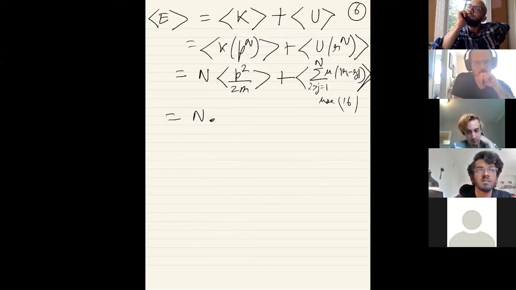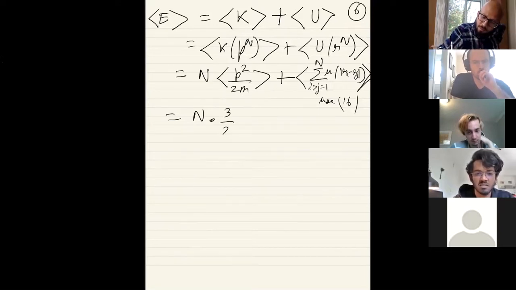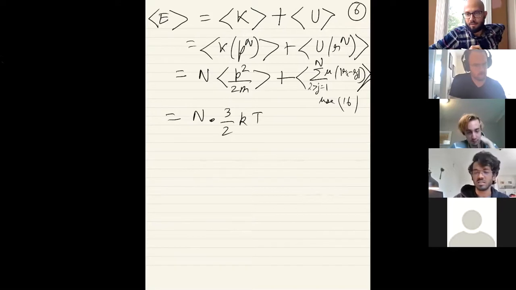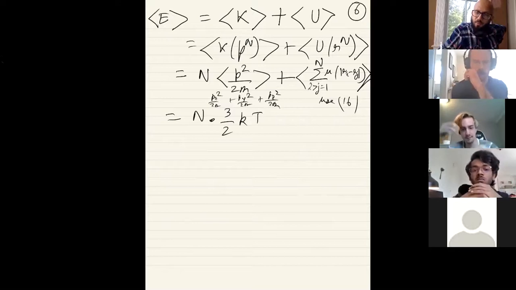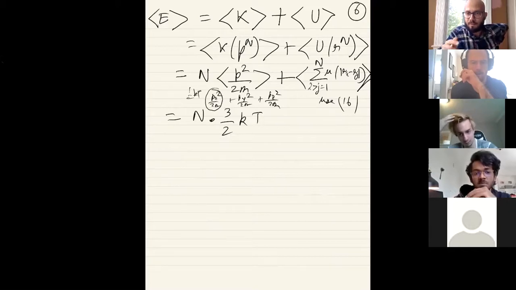It's similar to the gas constant, but instead you will have the Boltzmann constant, 3 over 2. Why did this happen? Because p square over 2m for one particle is px square over 2m plus py square over 2m plus pz square over 2m. And equipartition says that on average, each of them is half kT. So the total is 3 halves kT.